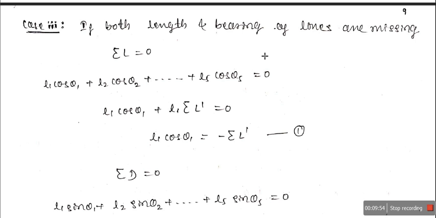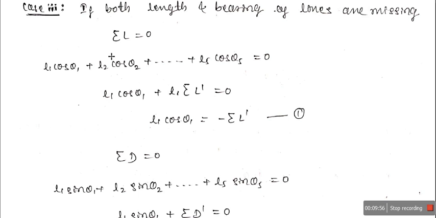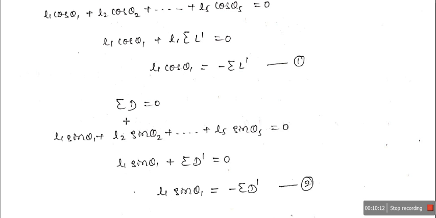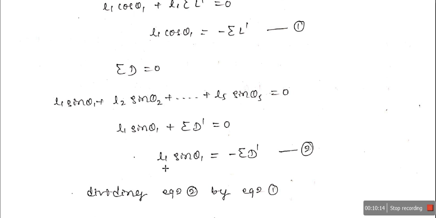So in that condition we can use the summation of L is equal to 0, writing the same as it is. Let's simplify this one. We will get L1 cos theta 1, because here L1 is missing, theta 1 is also missing. So directly you can write minus of summation of L dash. Similarly, summation of D is equal to 0, again you can write L1 sin theta 1 is equal to minus of summation of D dash.